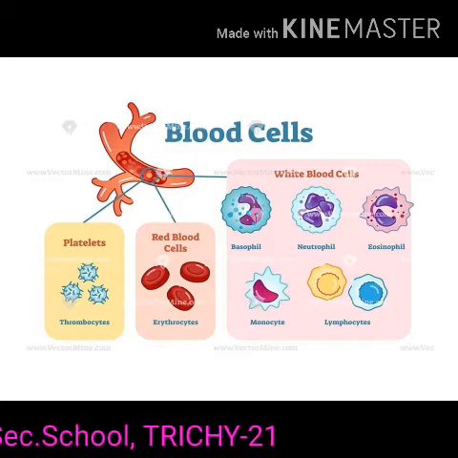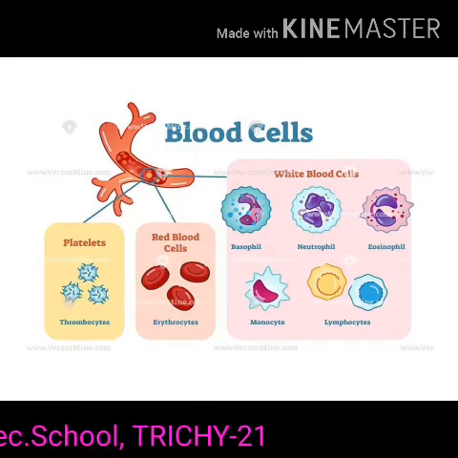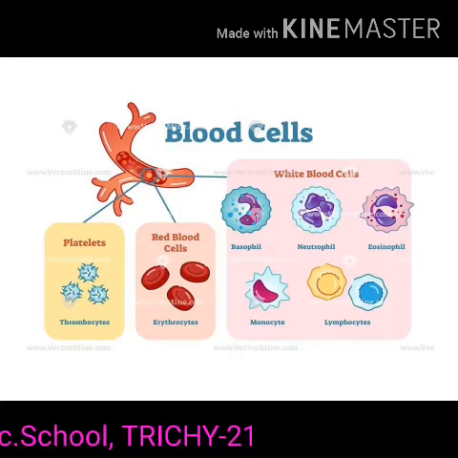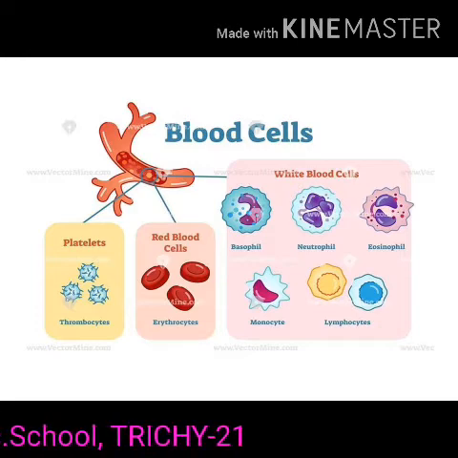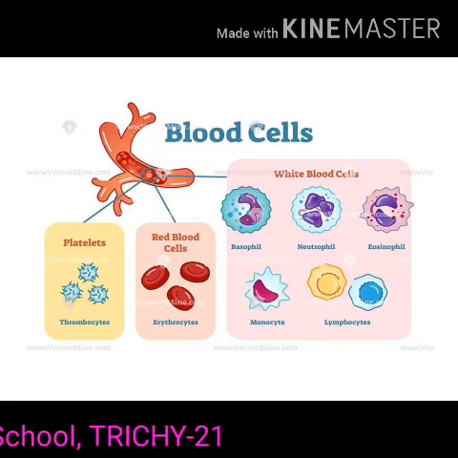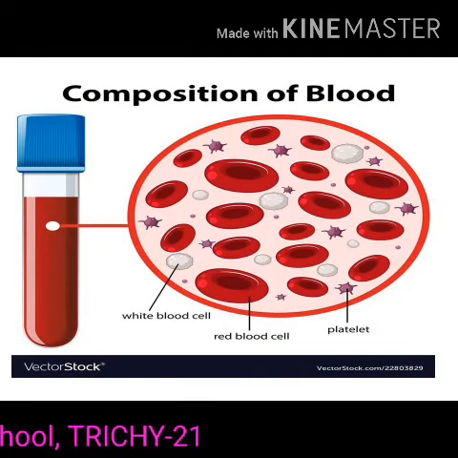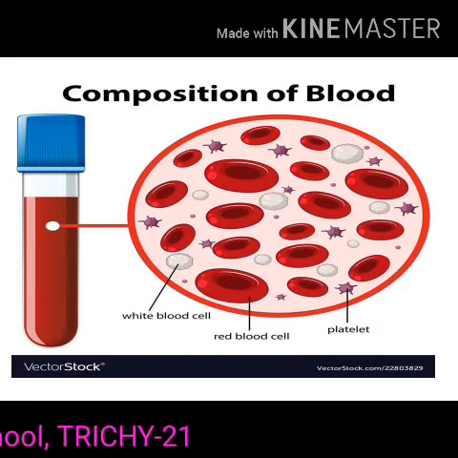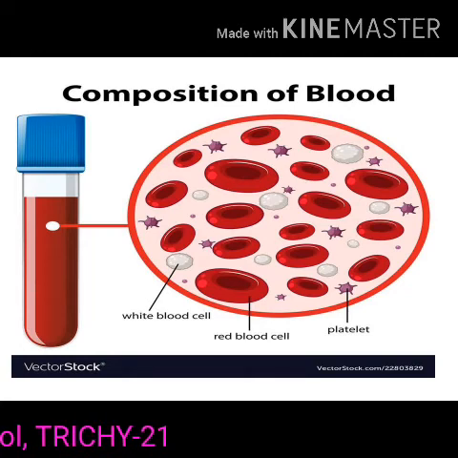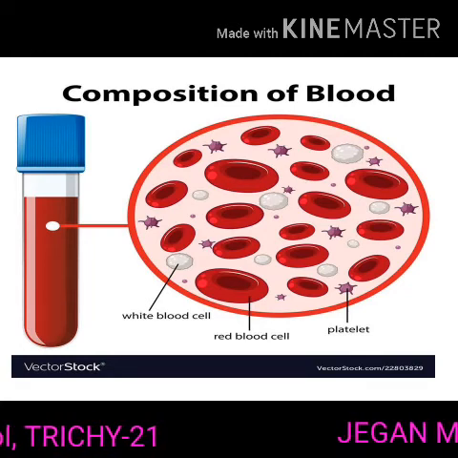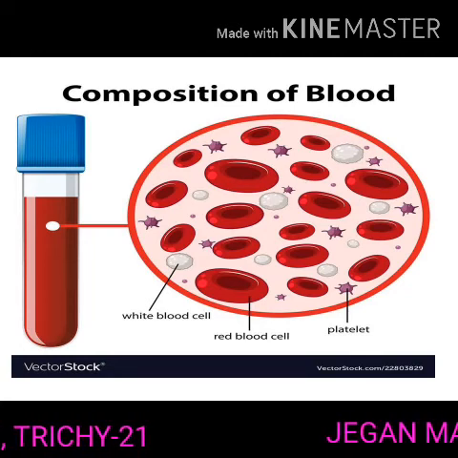In this fluid connective tissue, blood cells move in a fluid matrix called plasma. The plasma contains inorganic salts and organic substances. It is the main circulating fluid that helps in the transport of nutrient substances.